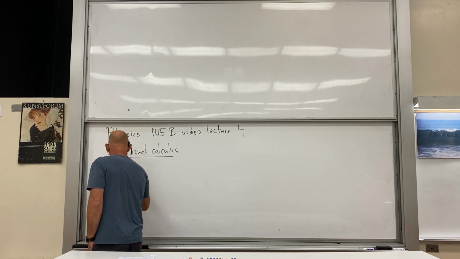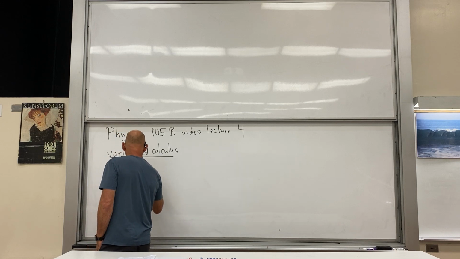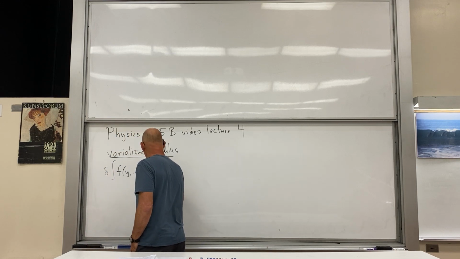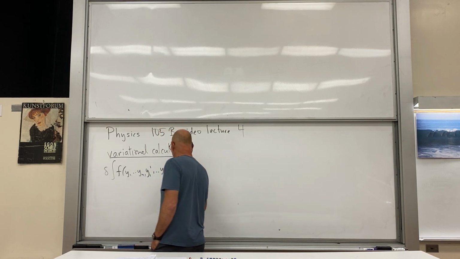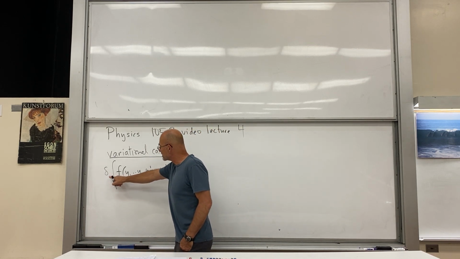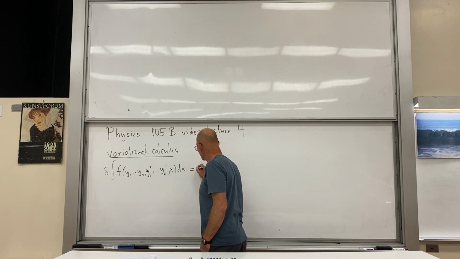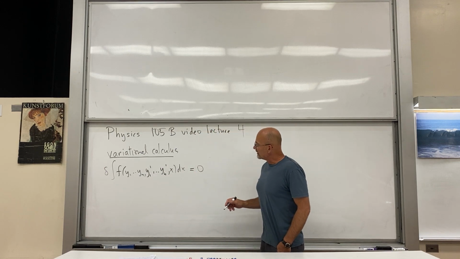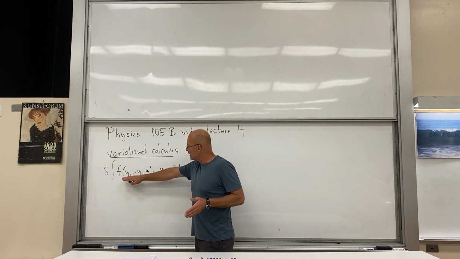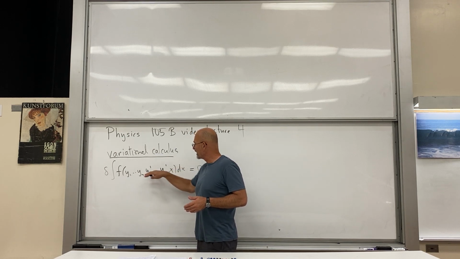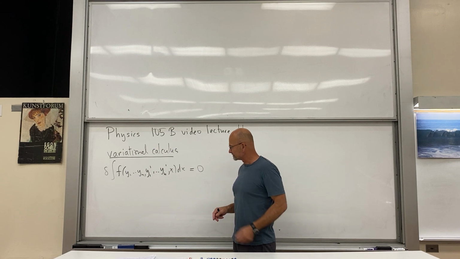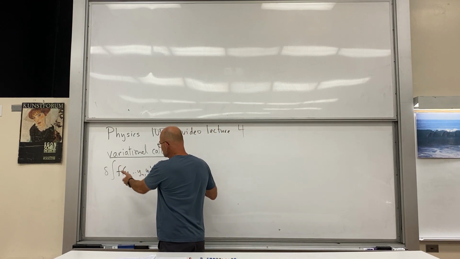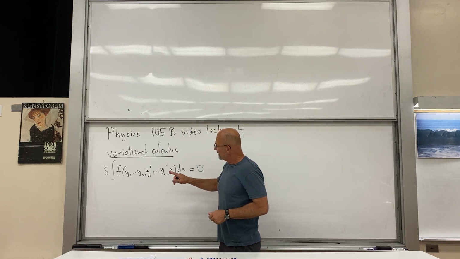We have a function f of y1 to yn, y1 prime to yn prime, and x, dx. If the variation of this thing is 0, what that means is the unknown functions y and y prime of x, 1 through n, when plugged into this integral, will give a value.